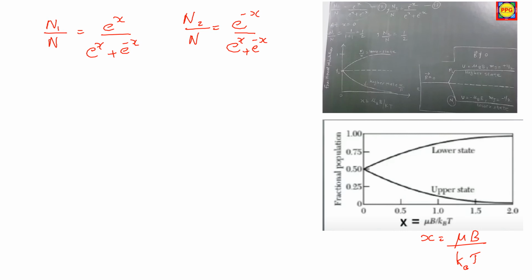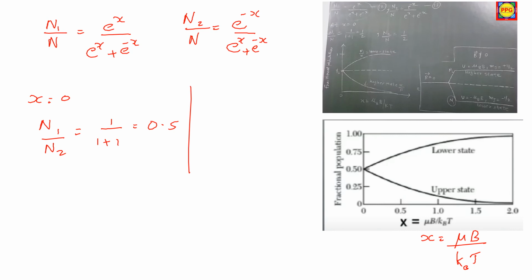For this, let us start with x equal to 0. When x equals 0, the fractional population in the lower state, that is N1 divided by N, will be e to the power 0 divided by e to the power 0 plus e to the power 0. That is 1 divided by 1 plus 1, that is 0.5.